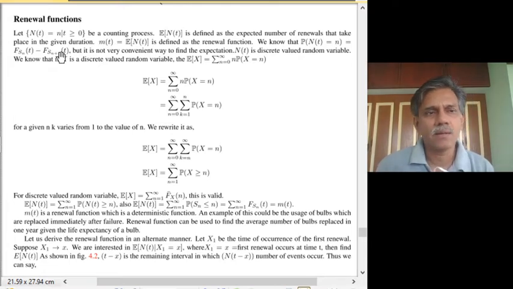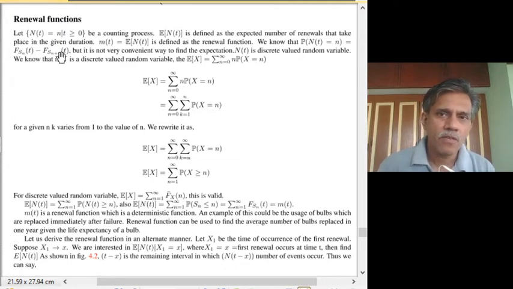Sn is the time for the occurrence of the nth renewal, and F_Sn(t) is the cumulative distribution function for this random variable Sn. Similarly, Sn+1 is the time for occurrence of the n+1th renewal. We found that if you subtract F_Sn+1(t) from F_Sn(t), we get the probability that N(t) equals n.